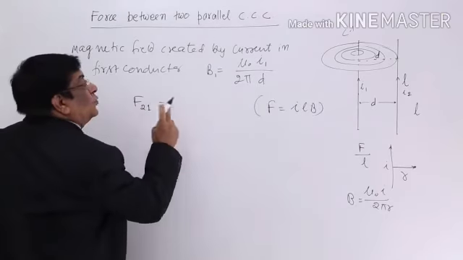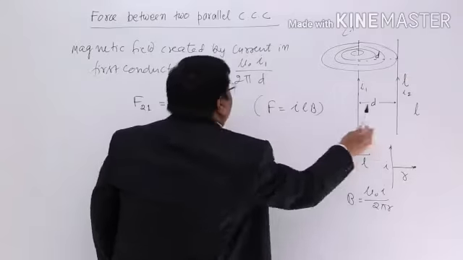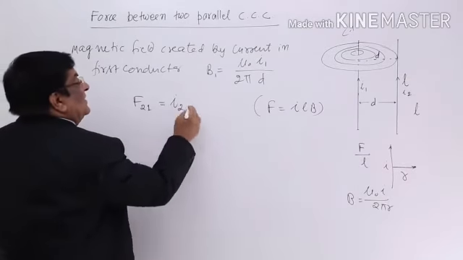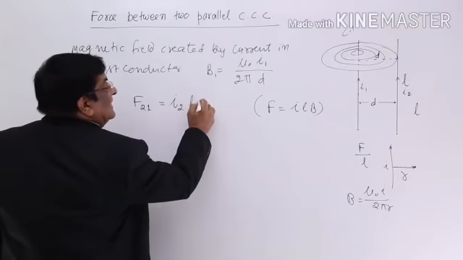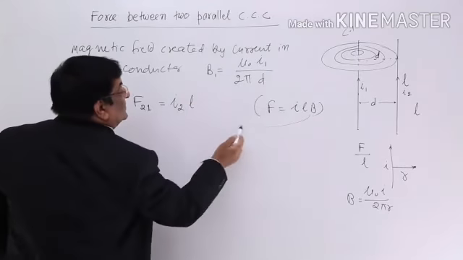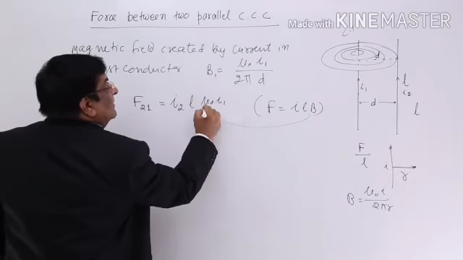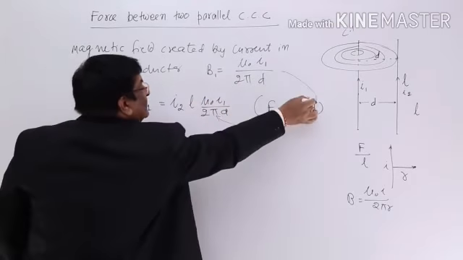Here, I is whose current? This or that? The conductor which is lying in the magnetic field. So here I will write I2. Then length L, then magnetic field B, and in place of B I should write mu naught I1 upon 2 pi d.